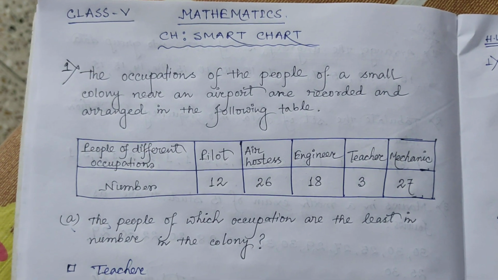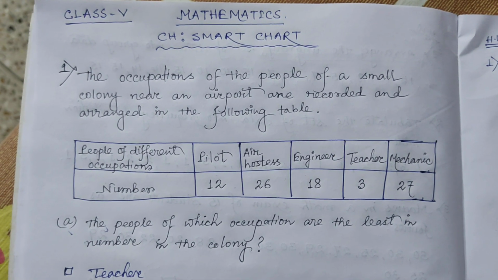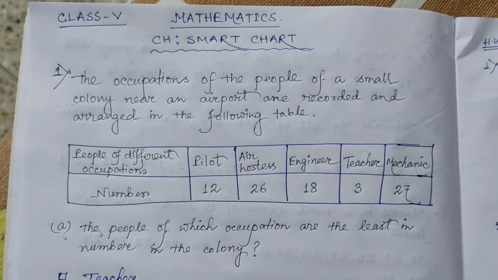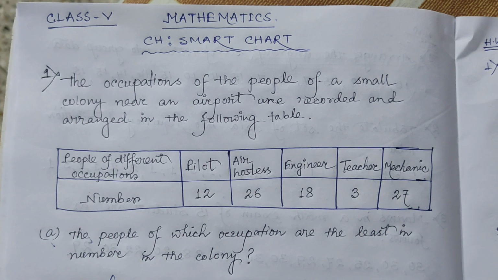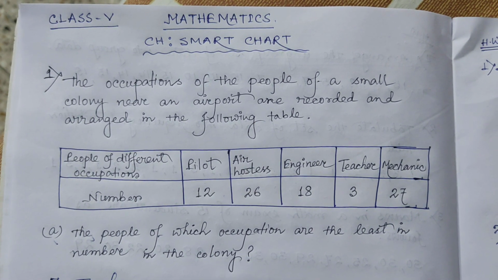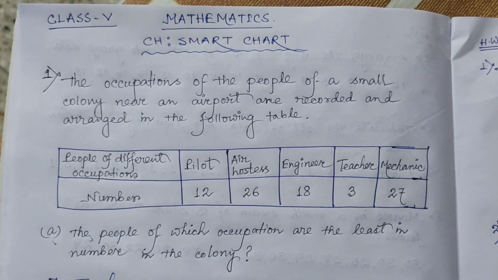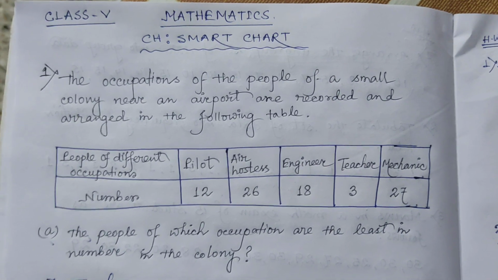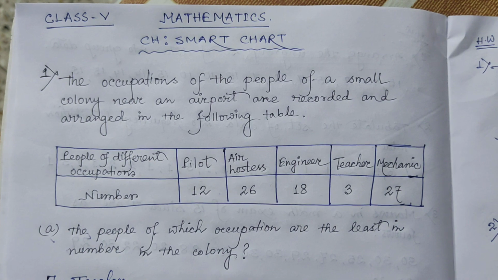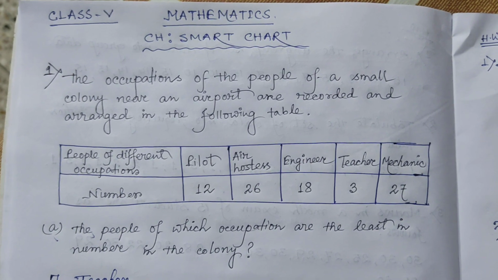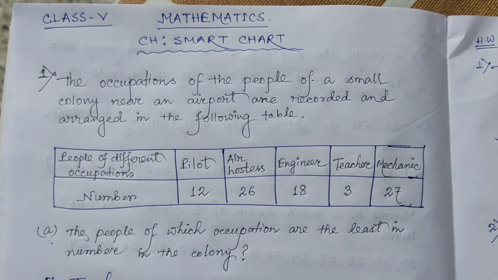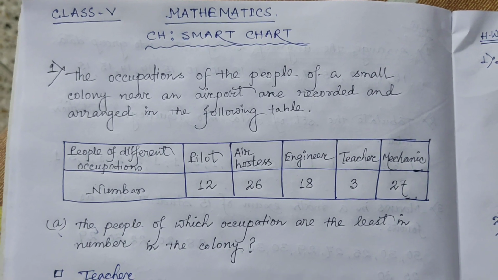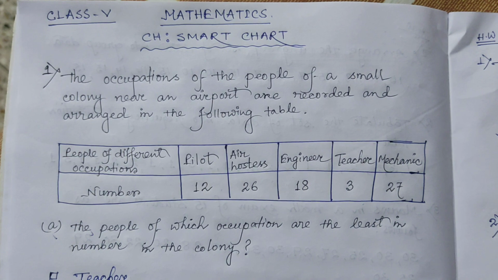Today we are continuing the chapter Smart Chart, and today our topic is table chart. In this table chart we will do two types of problems. One is when a table has been given and some related questions will be there.